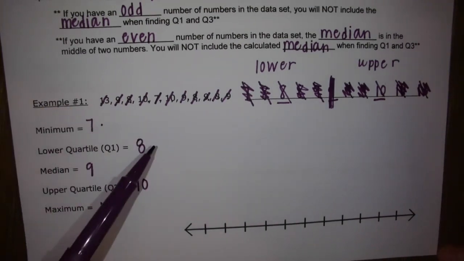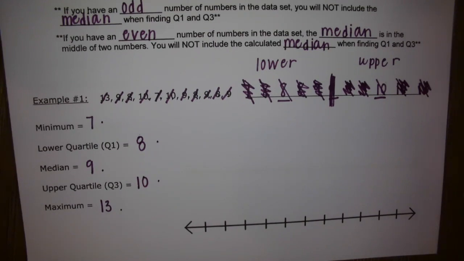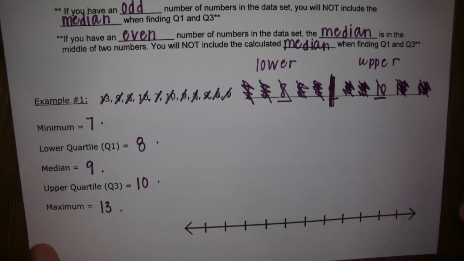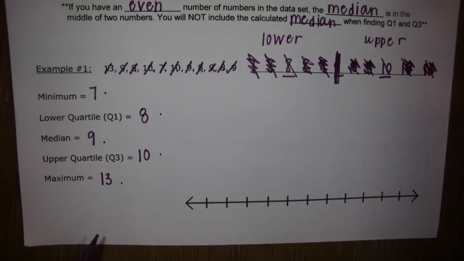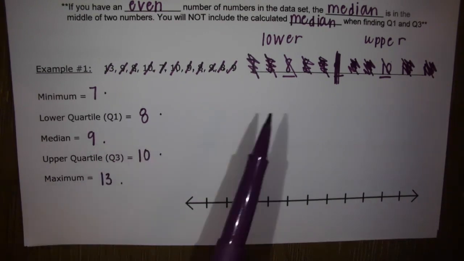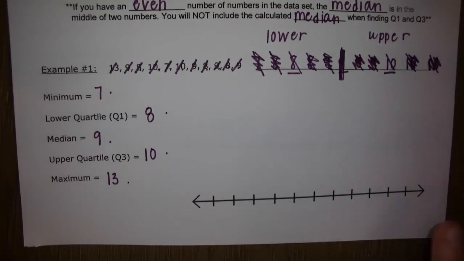These are all the key values that are going to play a big role when I actually make my box plot. So my only issue is I have a blank number line and I need to make sure that these are in very precise locations. So looking at my values, my numbers ranged all the way from 7 to 13. So that's a difference of 6 different spaces, and I have plenty of room on my number line.